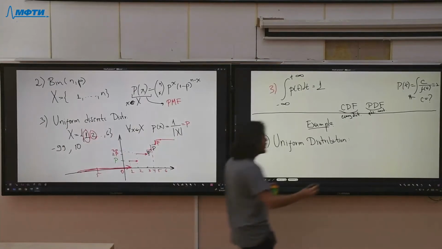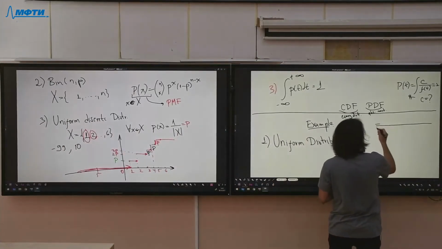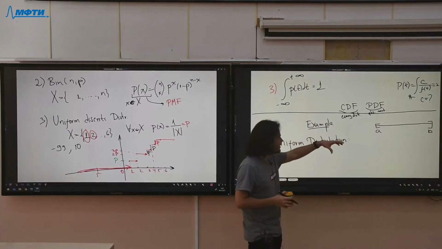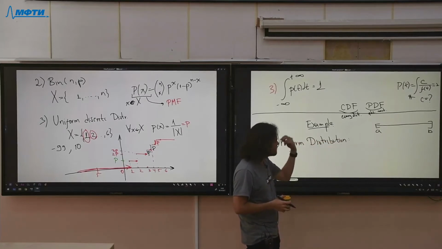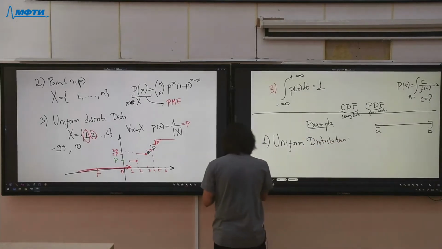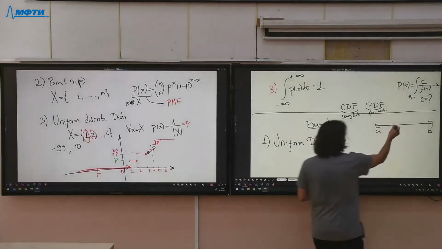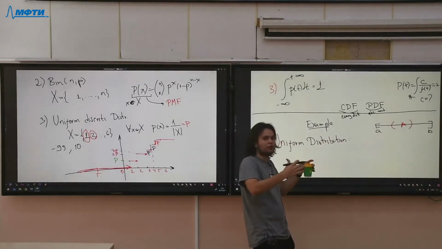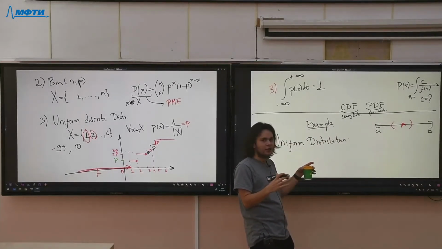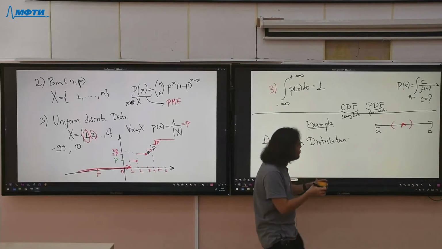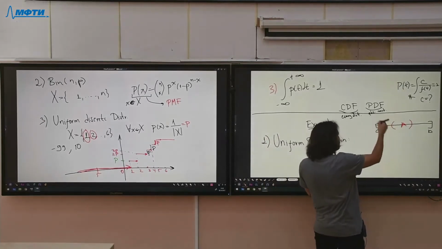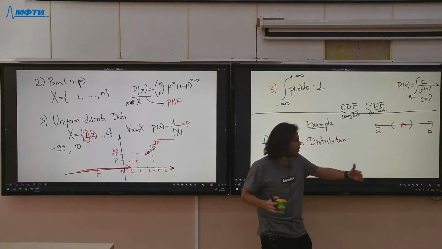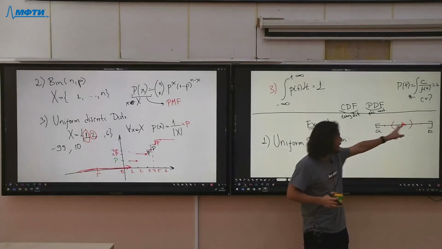Now, in this case, we have some interval, for example, from A to B, and we say that the probability that we get, for example, this interval is proportional to its length. So we randomly pick a point from A to B, and we ask, what's the probability that this point is in A?